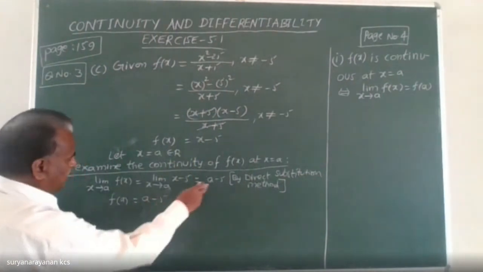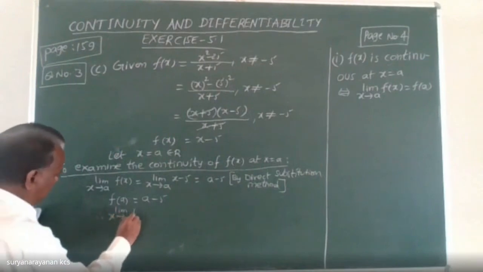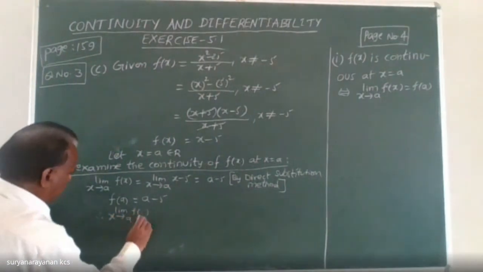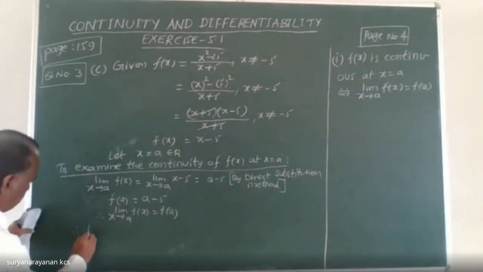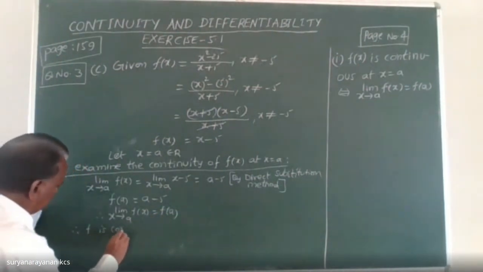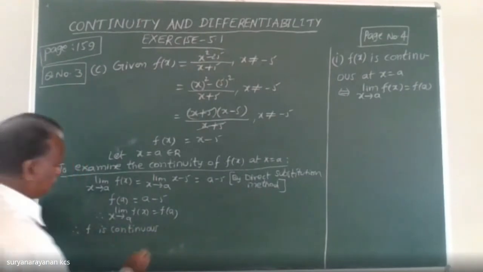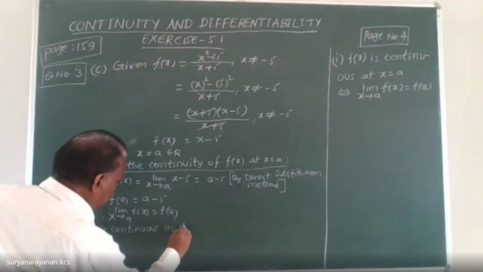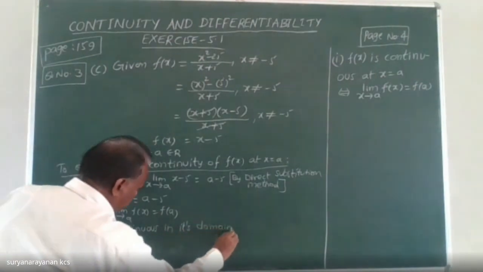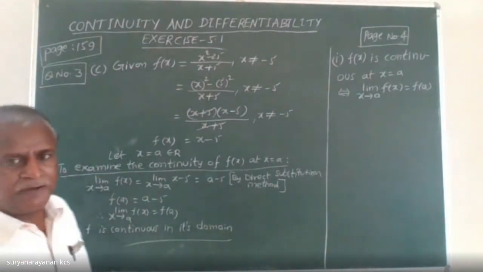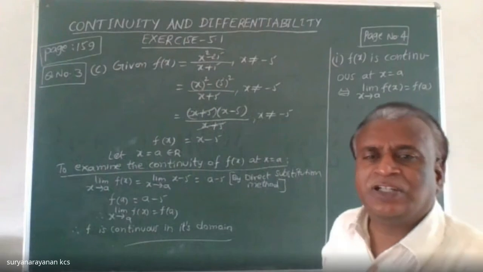Both values are same. Therefore, as x tends to a, limit f of x is equal to f of a. Therefore, f is continuous. Simply we can write f is continuous in its domain.